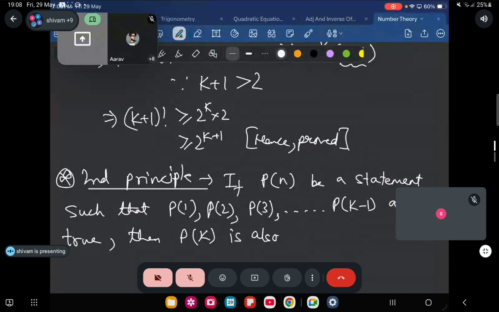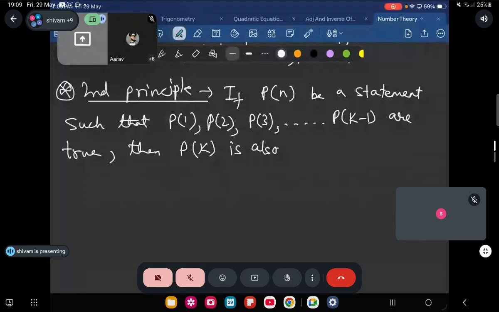Let me just check. So basically P1 should also be true, P2 should also be true, P3 should also be true, Pk minus 1 should also be true. Then Pk is also true.